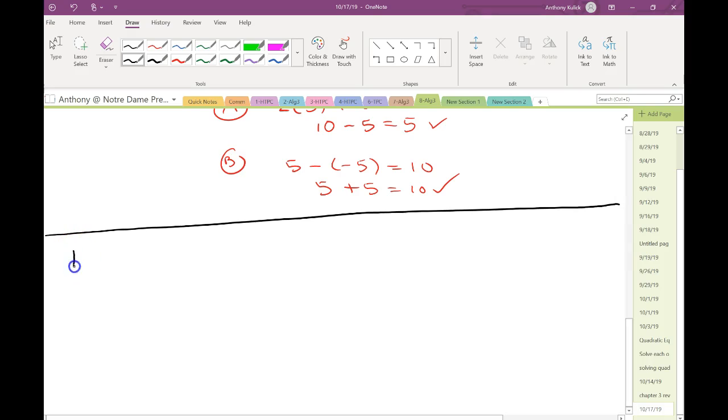So let's talk about the first technique to solve this. And that first technique we're going to talk about is called graphing.